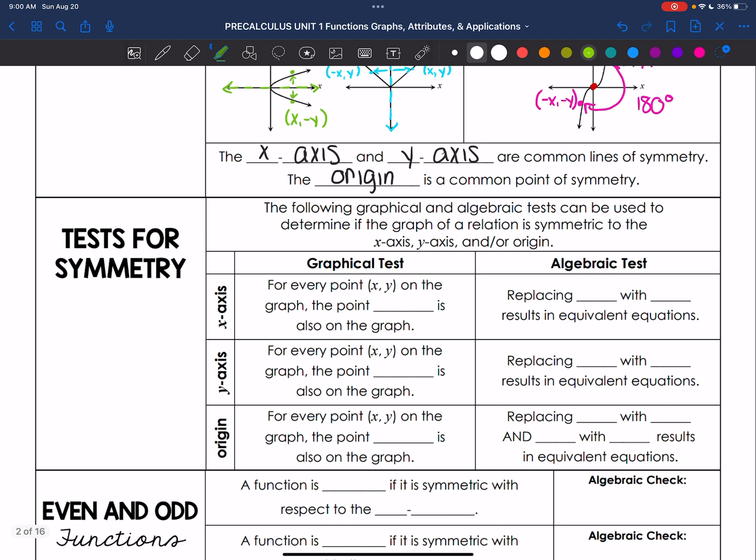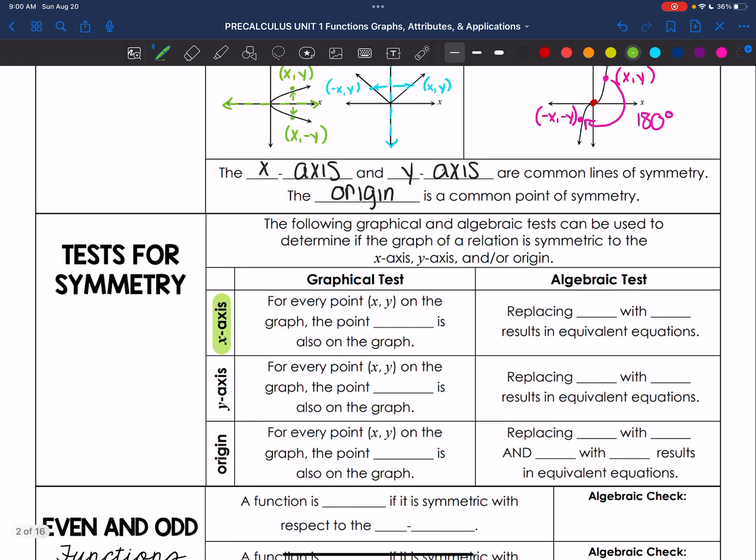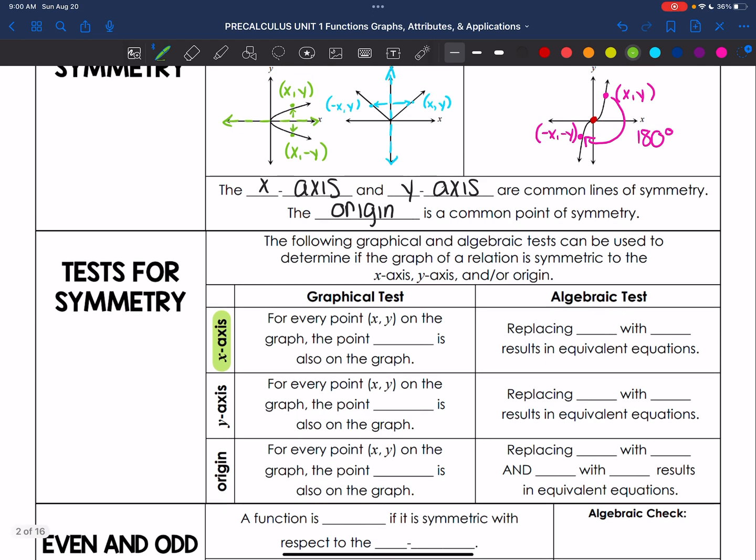If we are working with our x-axis, for every point x, y on the graph, then the point, what did we say above, it would be the same x, but the opposite y is also on the graph. And algebraically, how can we test that? Well, just replace the y value with the opposite of y, and the result should be exactly the same.